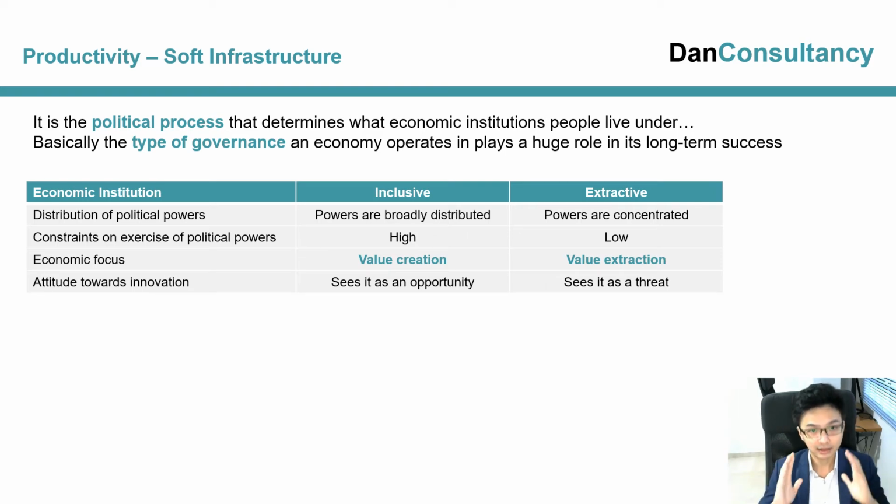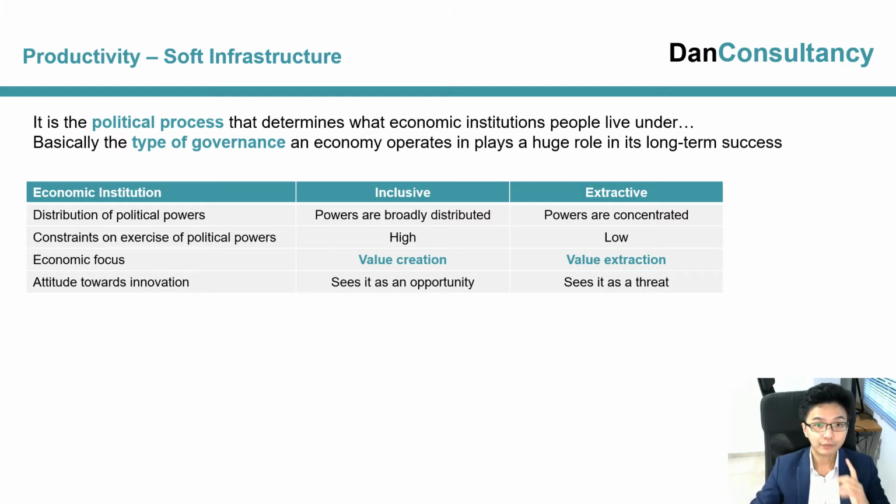And there are constraints on the exercise of such political powers, right? Inclusive economic institutions create an inclusive market, which not only gives people the freedom to pursue the vocations in life that best suits their talents, but also provides a level playing field that gives them the opportunity to do so.